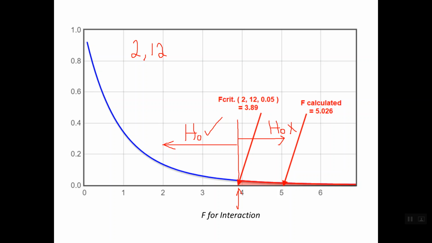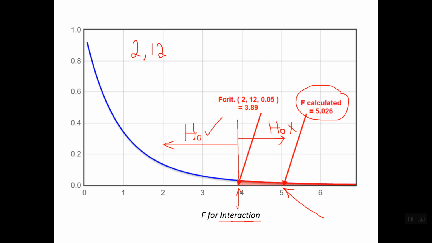And regarding the interaction, the calculated value for the interaction is 5.026. It is greater than the critical value for F, and it lies in the rejection region for the null hypothesis.